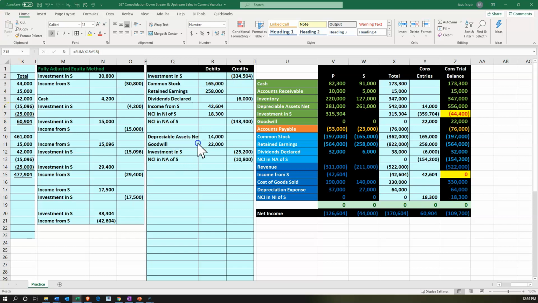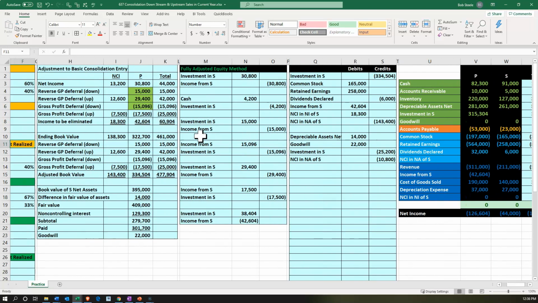Next thing we want to consider is the fact that we had these inventory items on the books. These items right here represent inventory on the books that were intercompany transactions as of the beginning of the year.